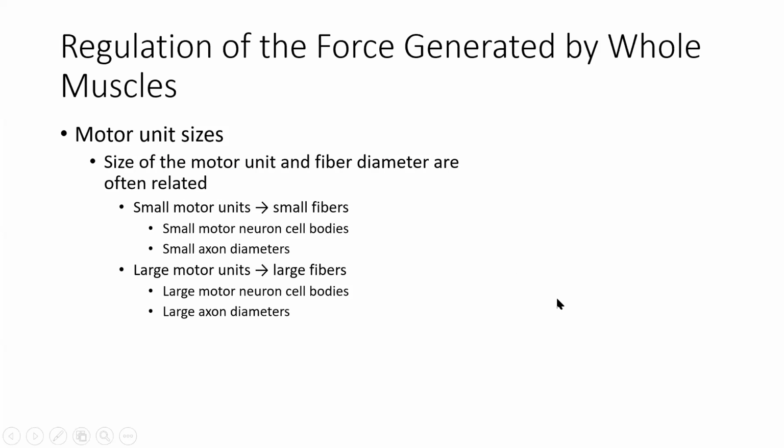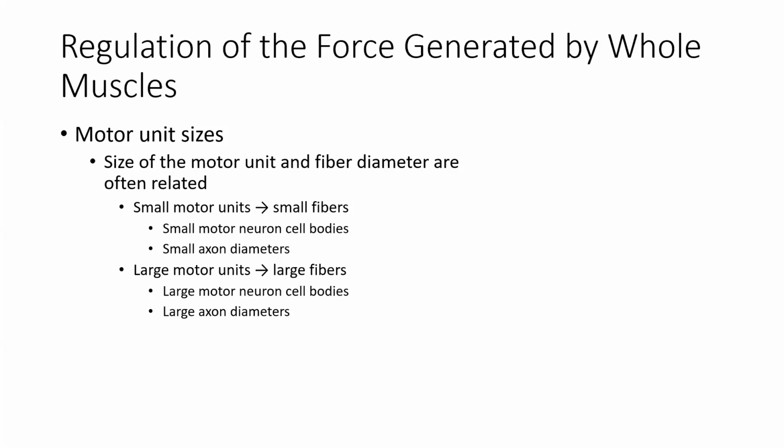So again, smaller motor units are going to have smaller fibers, but then they're also going to have smaller neurons themselves, so smaller cell bodies and smaller axon diameter as well. So we're thinking about not only the fiber diameter, the size of that muscle fiber itself, but also the axon diameter, the size of the neurons attached to that motor unit.